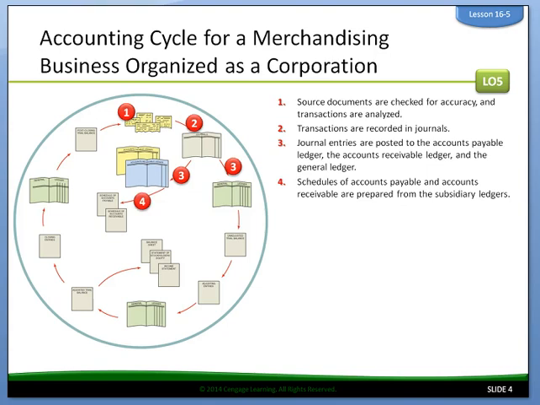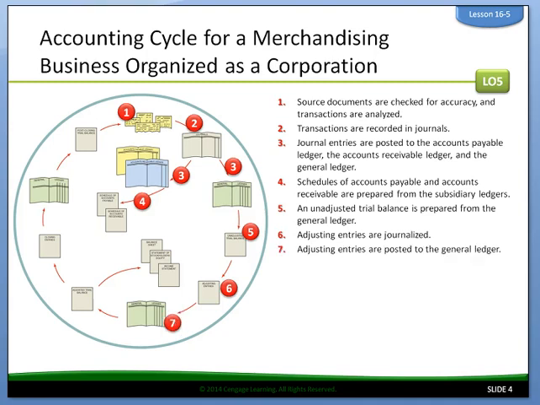Fourth, schedules of accounts payable and accounts receivable are prepared from subsidiary ledgers. Fifth, an unadjusted trial balance is prepared from the general ledger. Sixth, adjusting entries are journalized. Seventh, adjusting entries are posted to the general ledger. And then eighth, an adjusted trial balance is prepared from the general ledger.